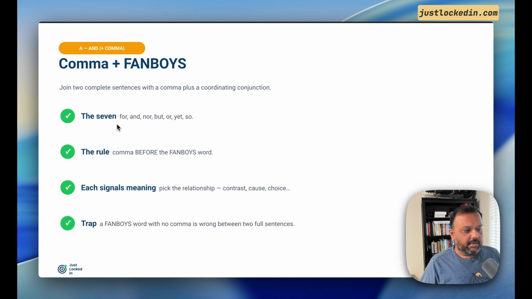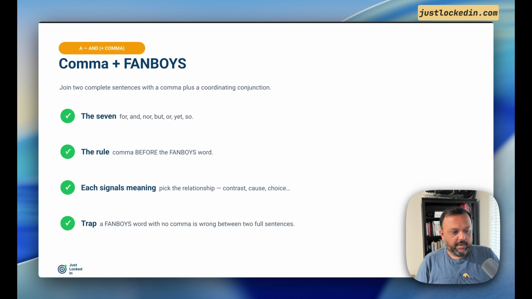So the rule is, you have these two independent clauses. After the first independent clause, you put a comma, and then you add a FANBOYS conjunction, and then you add the next sentence. Between the conjunction and the second clause, there is no punctuation. There is no comma or semicolon or whatever.